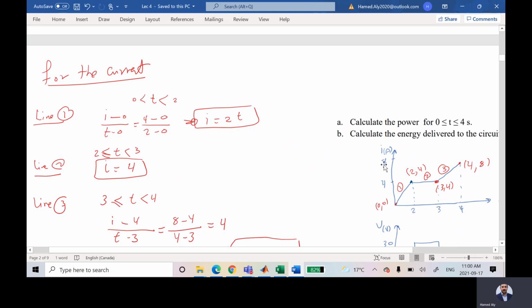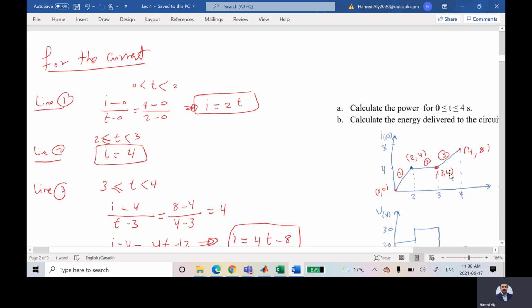Then I can say from t equals 3 up to t equals 4, the equation for that line will be I minus 4 divided by t minus 3 is equal to 8 minus 4 divided by 4 minus 3, and this is what I did here. So you will have 8 minus 4, which is 4, divided by 4 minus 3, which is 1. At the end, I'll have 4.